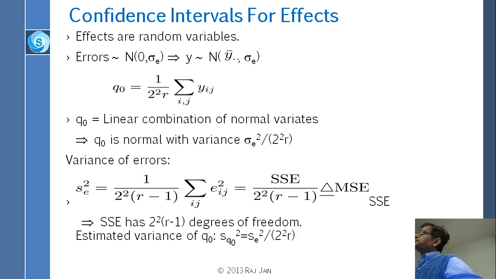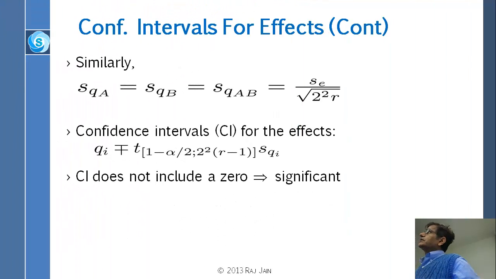Once you have that, you can calculate the confidence intervals of the effects. Okay, we are assuming here that the errors are normally distributed and with zero mean and this standard deviation, and therefore basically you can calculate the effects. So the effects standard deviation is SE upon square root of 2 raised to 2 r, which is actually basically 12 in the previous example. 2 raised to 2 is 4 times 3. 3 is the replication, square root of 12.